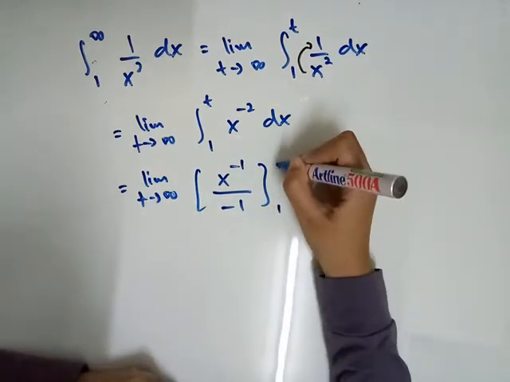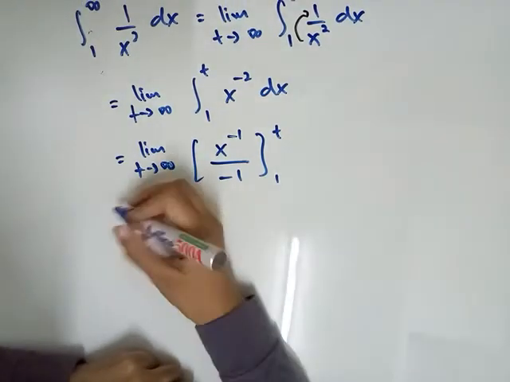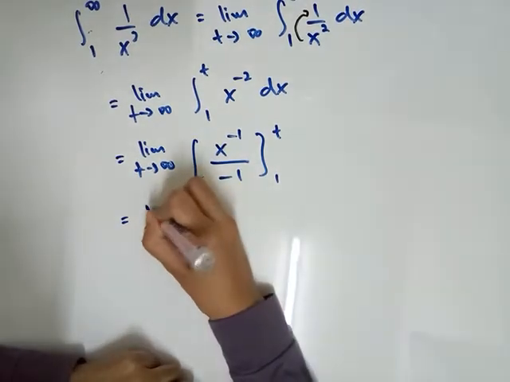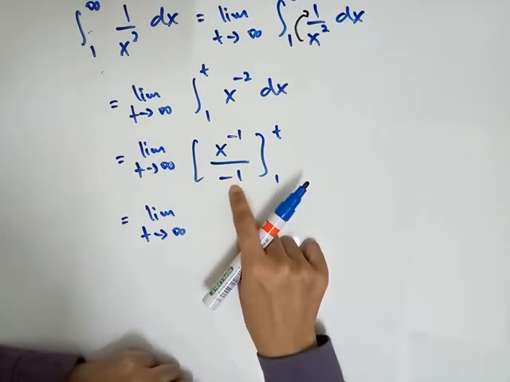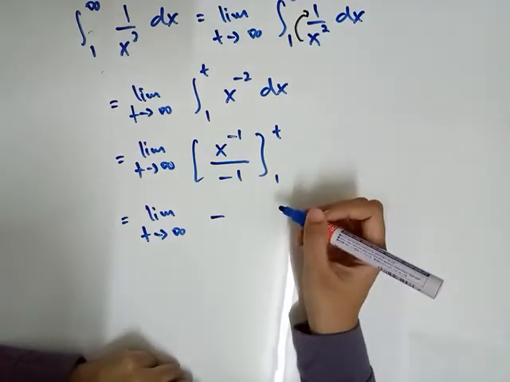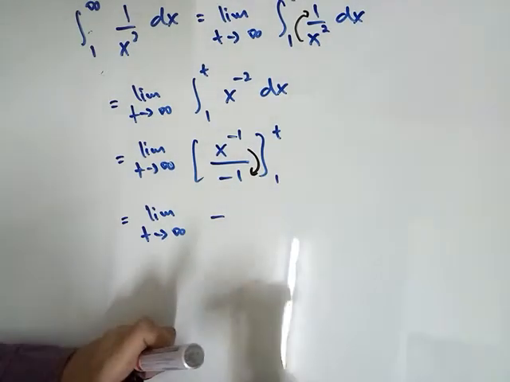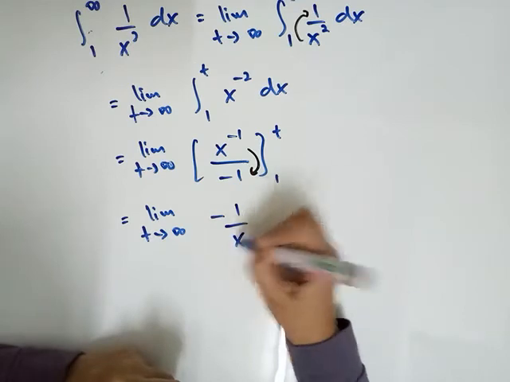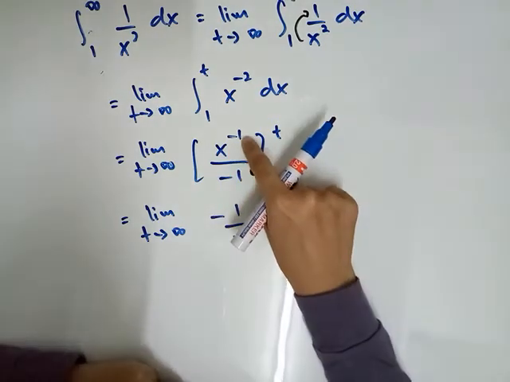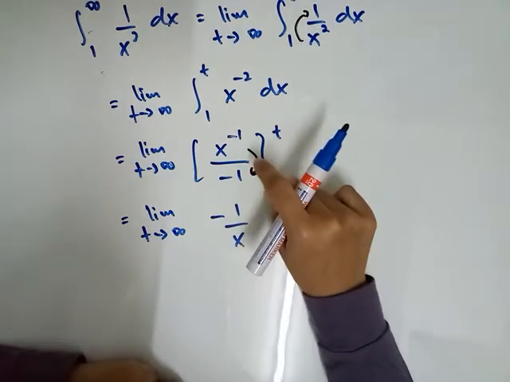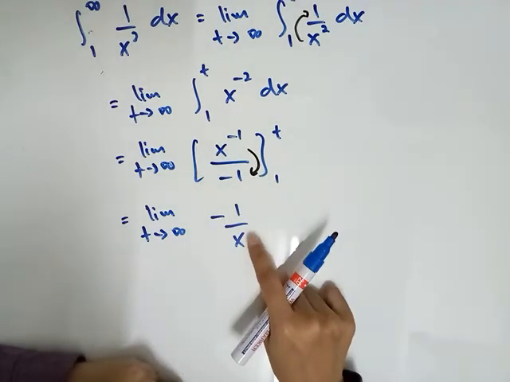This negative stays, so it becomes negative x to the power negative 1. Moving to the bottom, it becomes negative 1 over x.